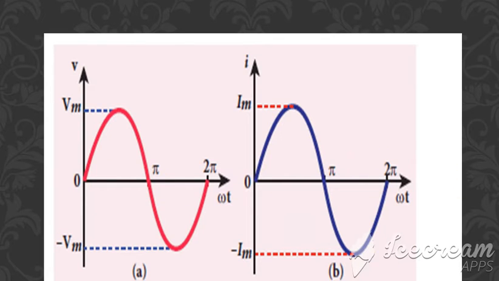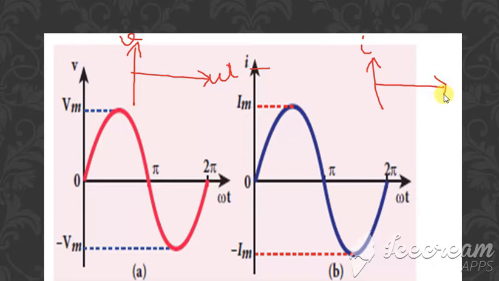So this is a graph which represents V as well as I. Okay, so we are writing this as just V, and here it is omega t, and in the same way here we are writing I, and here it is omega t. So this varies in this way. Okay, and the starting point is taken as 0, next is pi, and next is 2 pi.